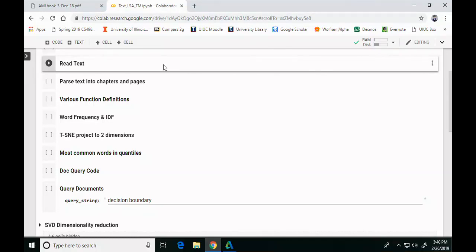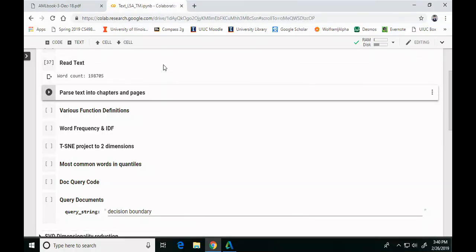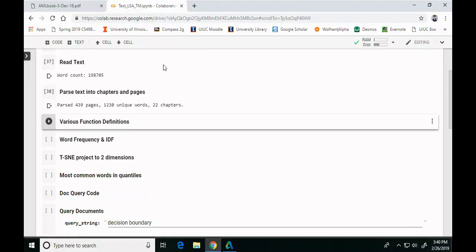However, I did that, and I'm just going to step through here. After I got rid of some periods and certain junk, there was about 200,000 words in our textbook. Then I chopped it up by page, which was kind of a pain because I just had to look for the page numbers that got dumped.